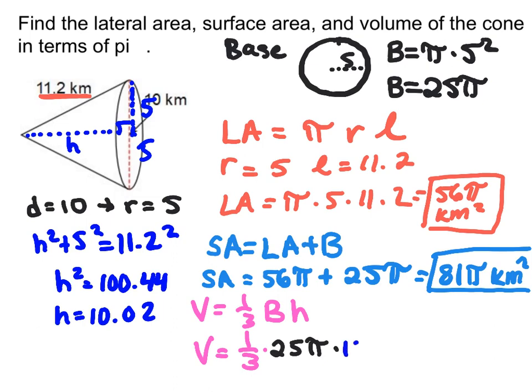So if I substitute the 10.02 and plug that into my calculator, we have 1/3 times 25 times 10.02. We get our final answer of 83.5 pi, so 83.5 pi kilometers cubed.